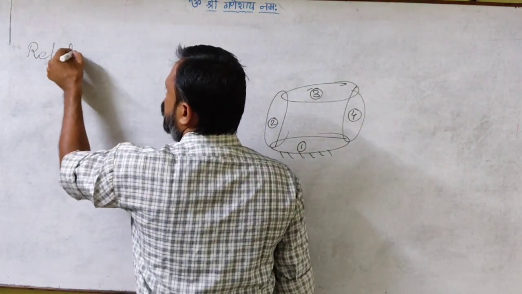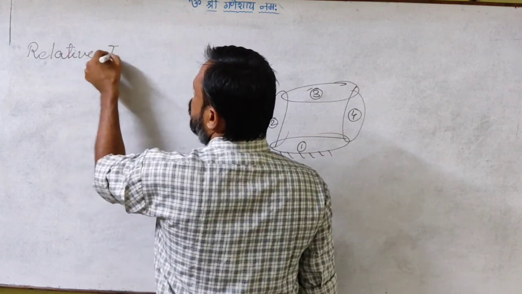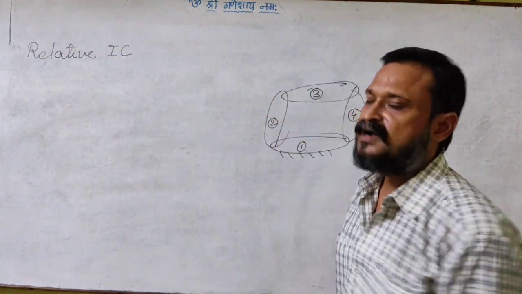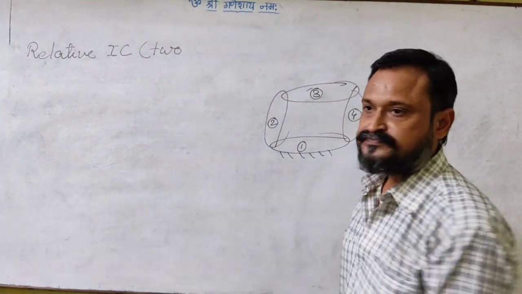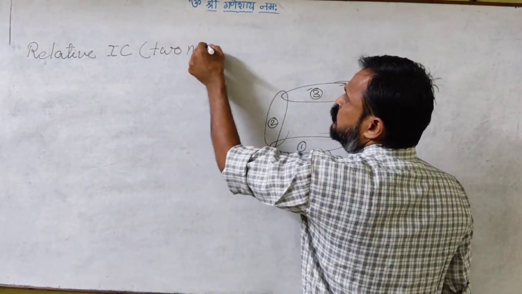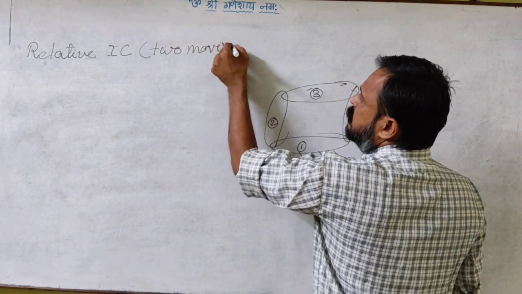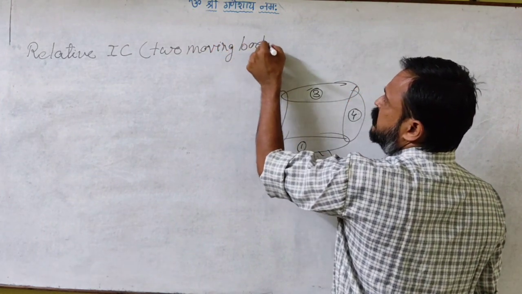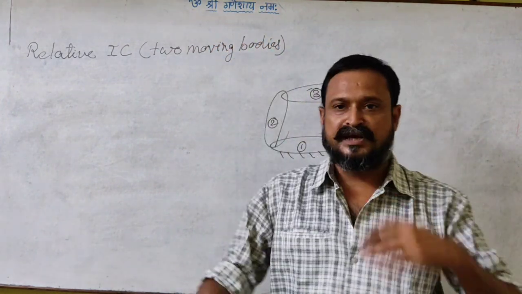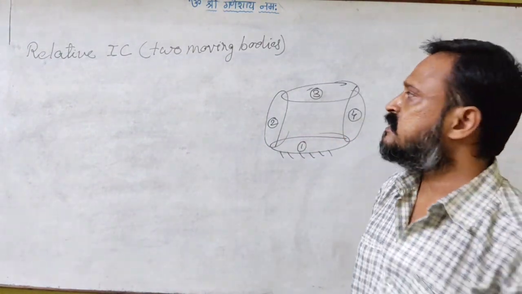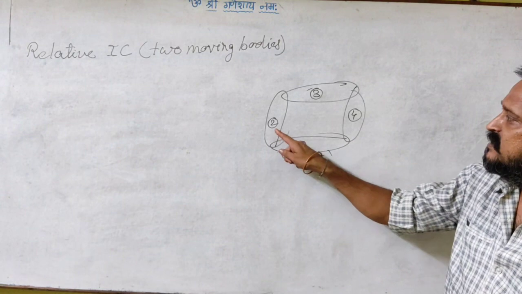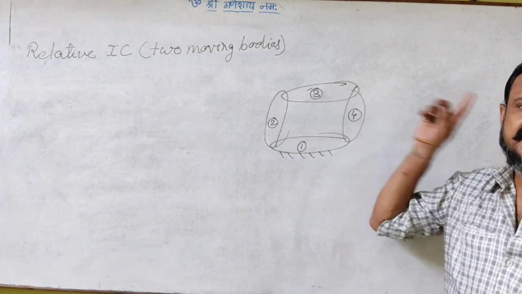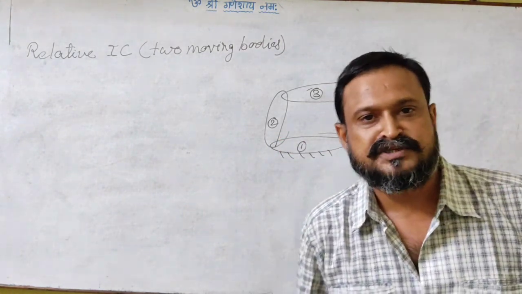then there will be the existence of relative instantaneous centers. Let us try to understand: when there are two moving bodies, they are moving relative to each other. Let us say link 2 and link 3 are in relative motion.